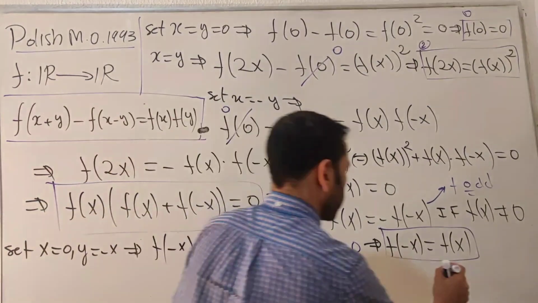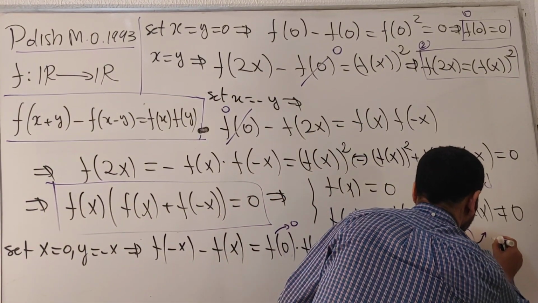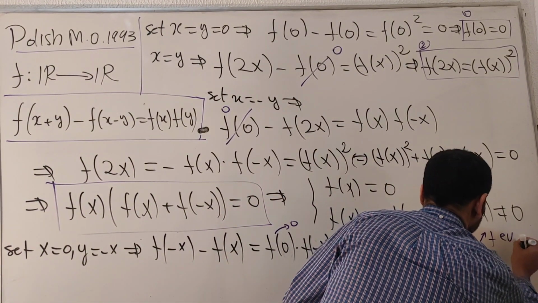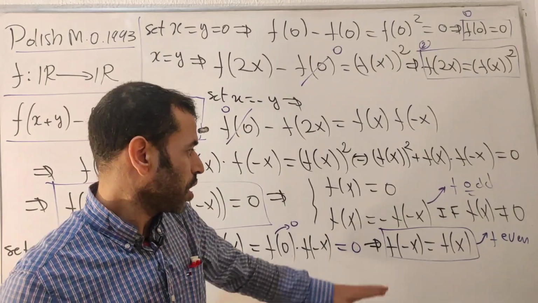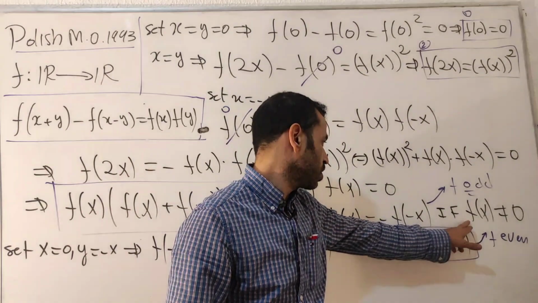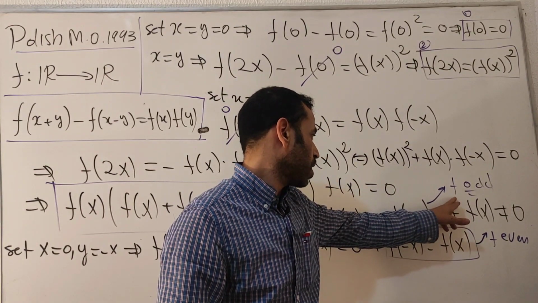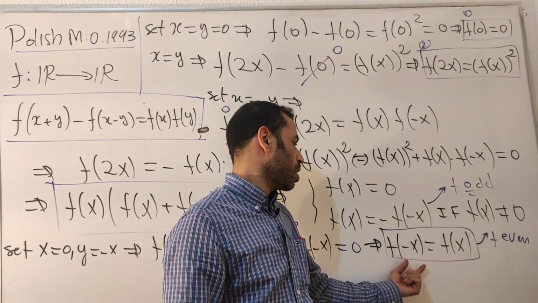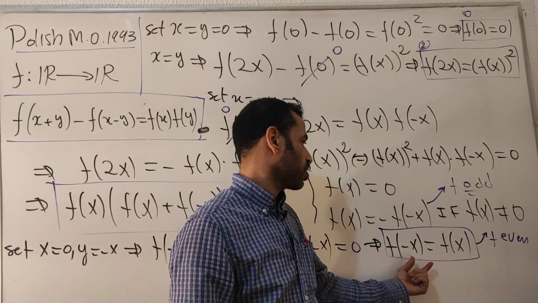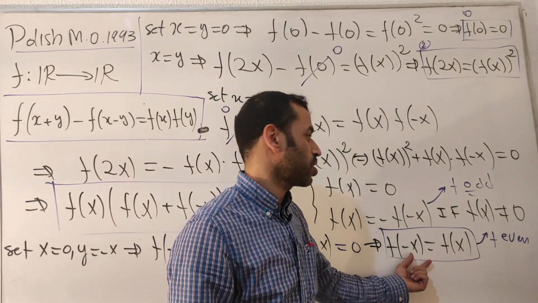This one is telling us the function f is even, which is clearly impossible. As we were working on this function, we found it was odd. Continue working on this one, and we found the same function is even, which is clearly impossible.